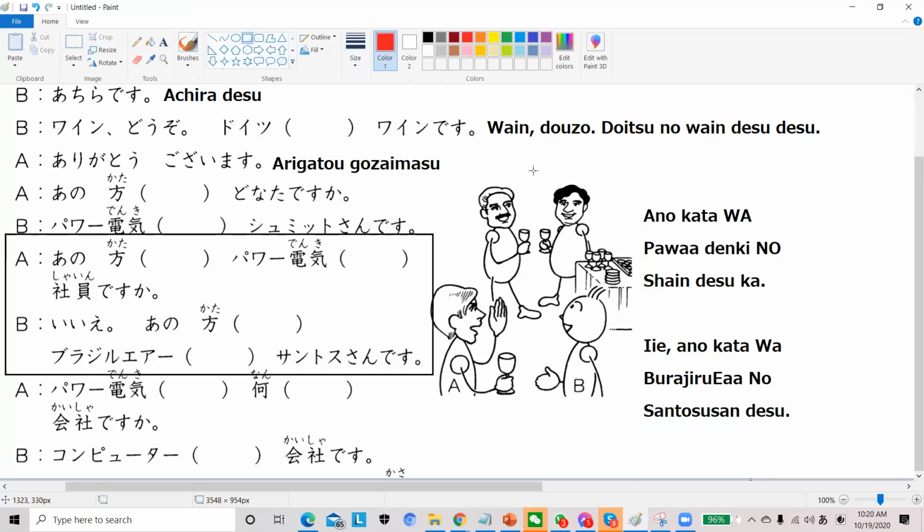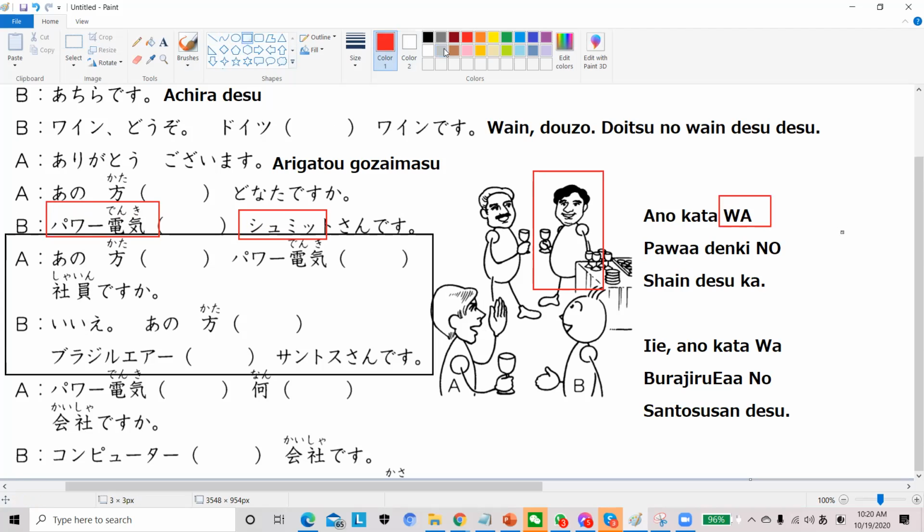They are talking now about Santosu-san. Okay, but since they are talking with this one, we understand that Shimito is working in Pawa Denki, right? So we are also referring to another person here, okay? So the answer should be wa here.